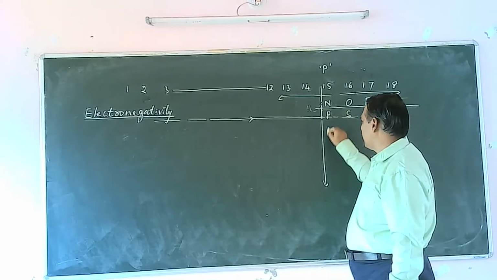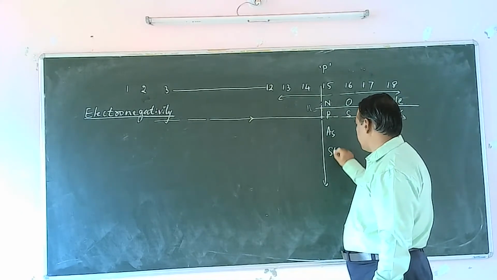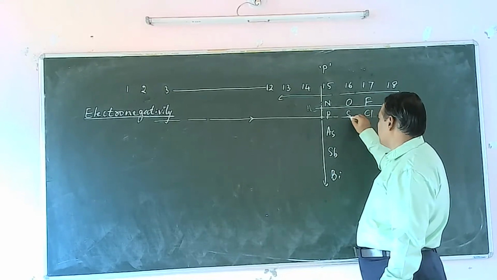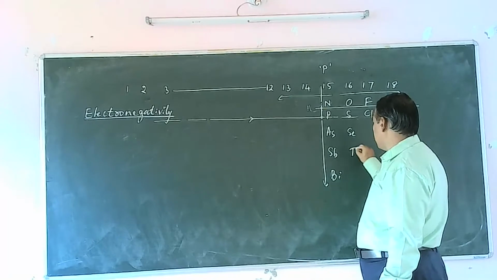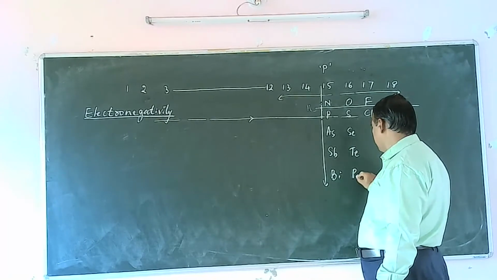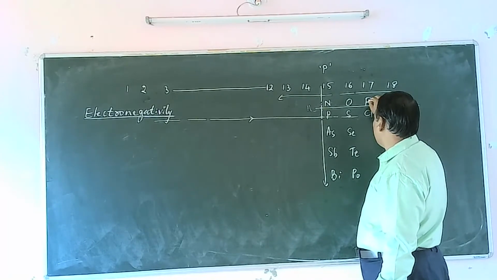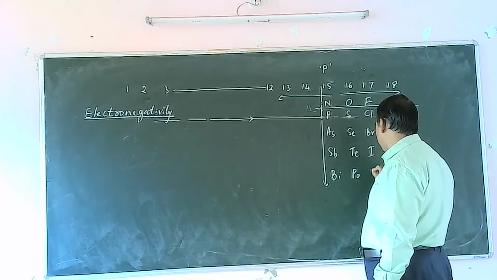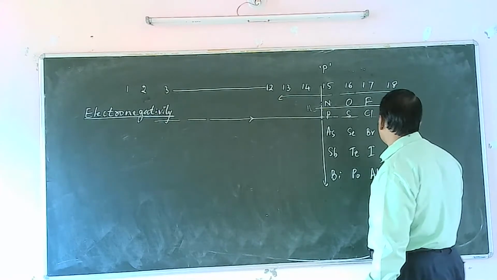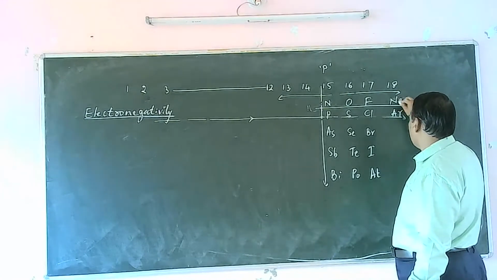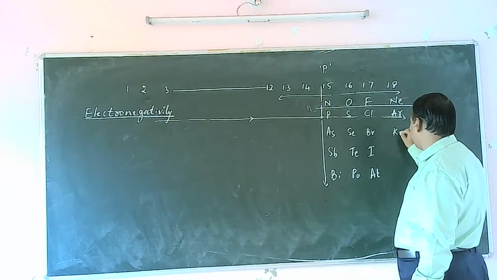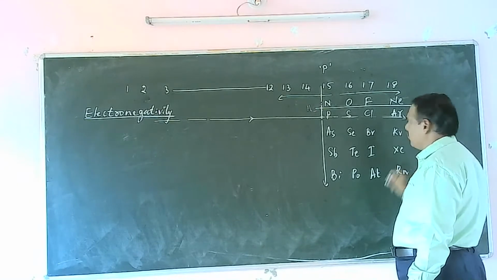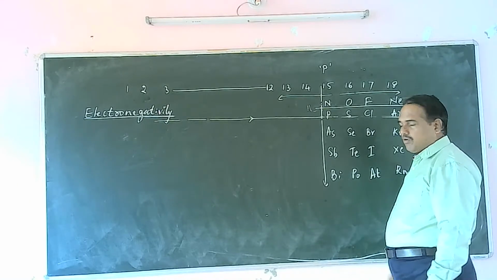So nitrogen, phosphorus, arsenic, antimony, bismuth. Again oxygen, sulfur, selenium, tellurium, polonium. Yesterday we also saw chlorine, bromine, iodine, astatine. So helium, neon, argon, krypton, xenon, radon. You must know these elements.